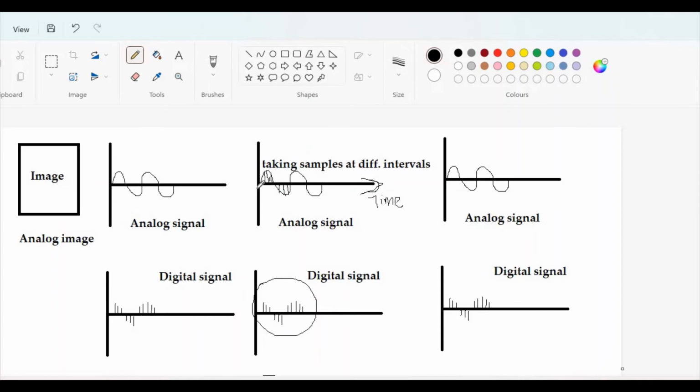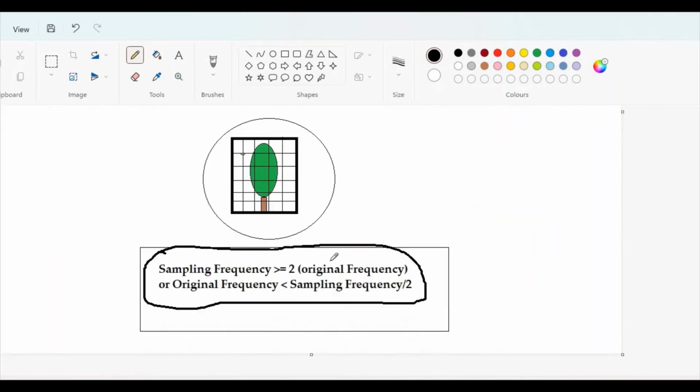No, there will be many frequencies, different frequency components. So in that case, you have to choose the maximum one. When we say original frequency, you have to choose the maximum frequency.